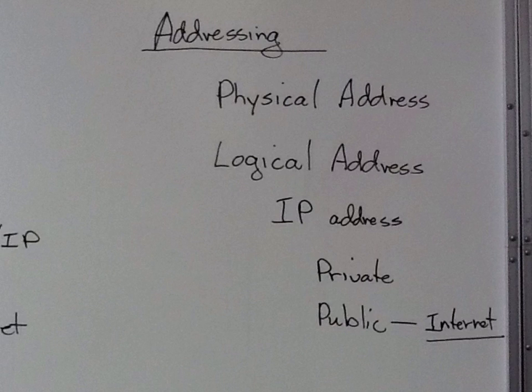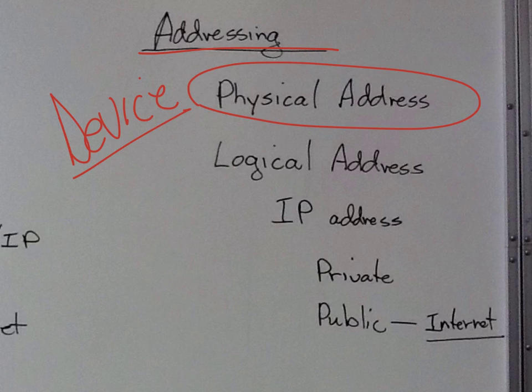Next thing we did, we talked about addressing. Inside your device, oops, let me back up there. Inside your device, devices all have a physical address that is unique to your device. Okay?